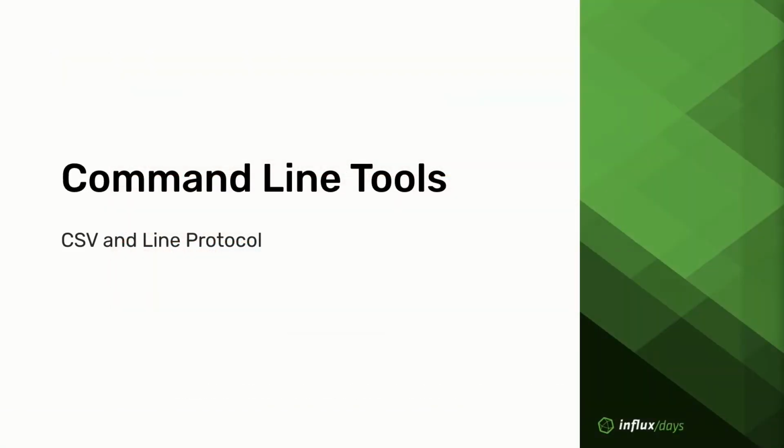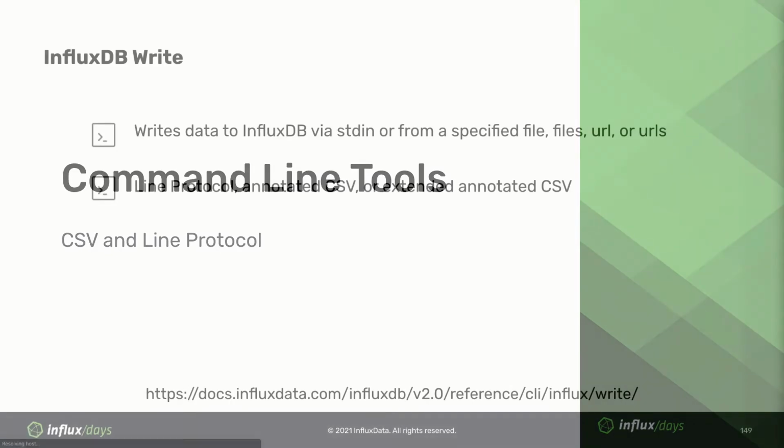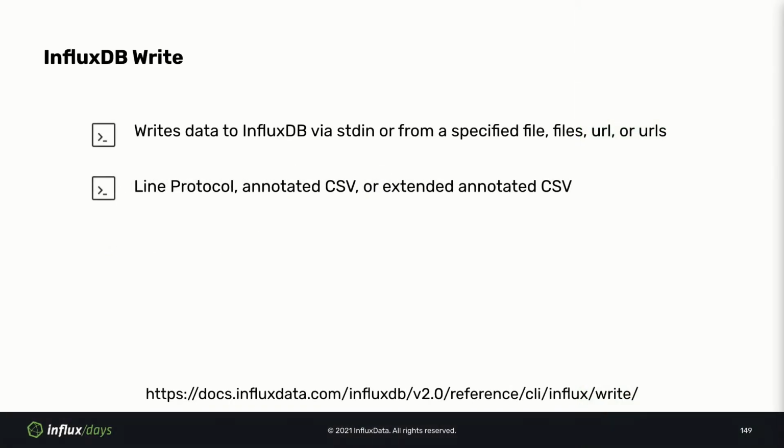So if you're looking to write your CSV and line protocol into InfluxDB, you can use the built-in command line tools. Using the influx write command, you can write data to InfluxDB directly via standard in or from a variety of sources.